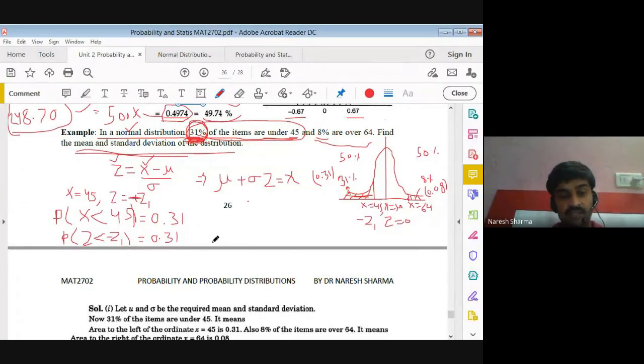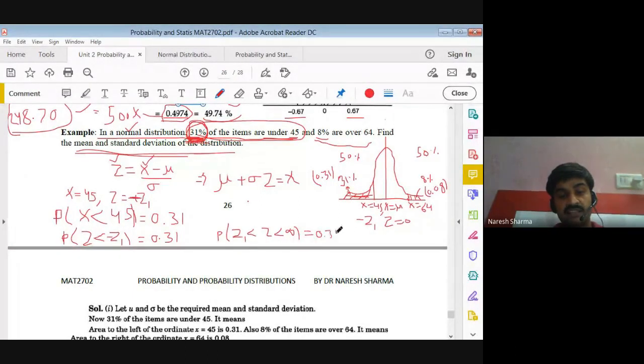The same probability can be written as the probability from z1 to infinity, which is already given, and it is 0.31.